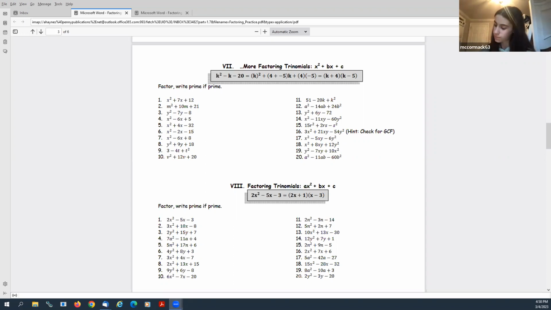That's the nice thing about not having a lot of options: if you check it, and you should always check these, every time you do an answer, do a quick check. And if it didn't work, you probably just need to make a quick switch.